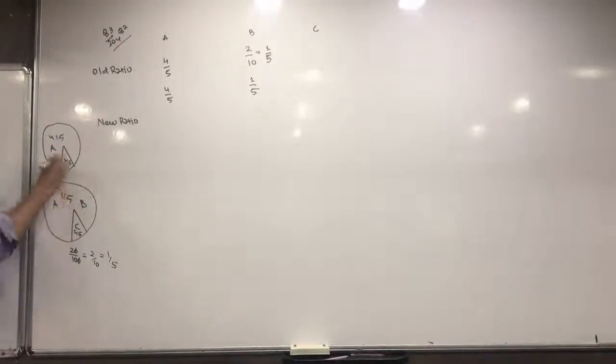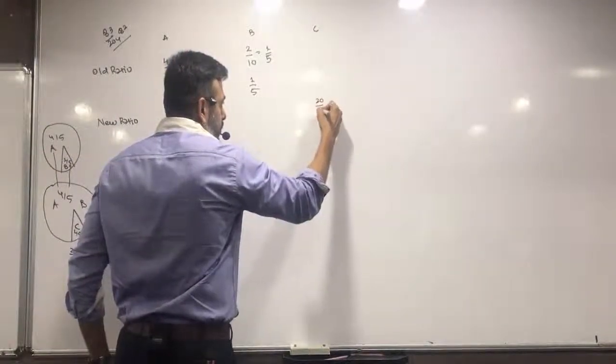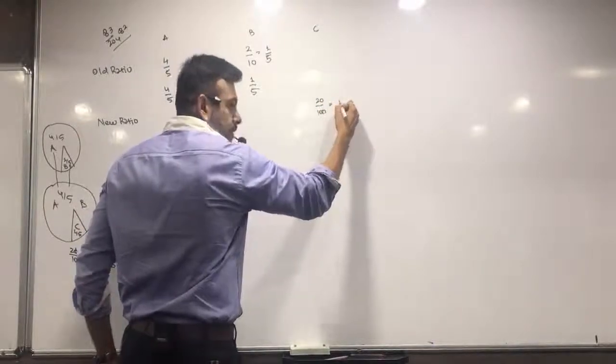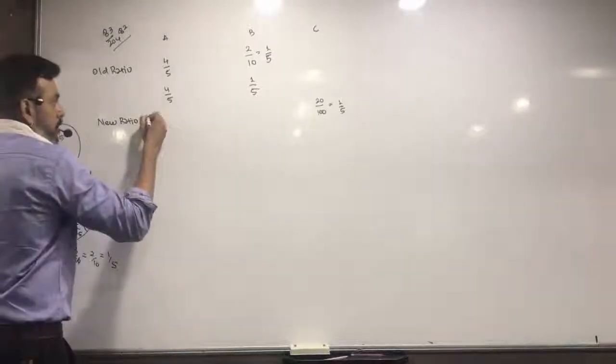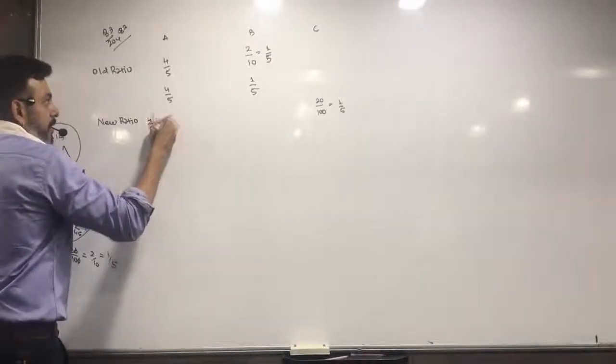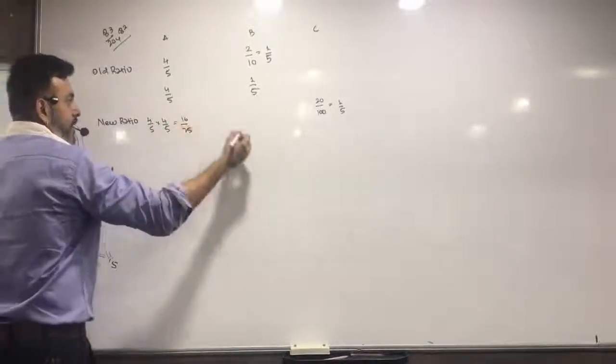Understood this? So into this and into this. All of you understood this? So your new ratio of C is 20%, which is equal to 1 by 5. Understood this? So जो 80% रह गया, 4 by 5 into 4 by 5, 16 by 25.